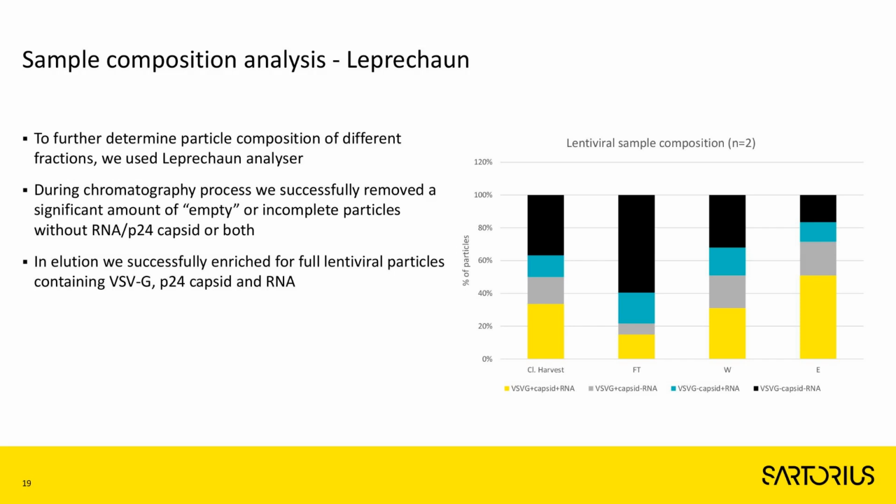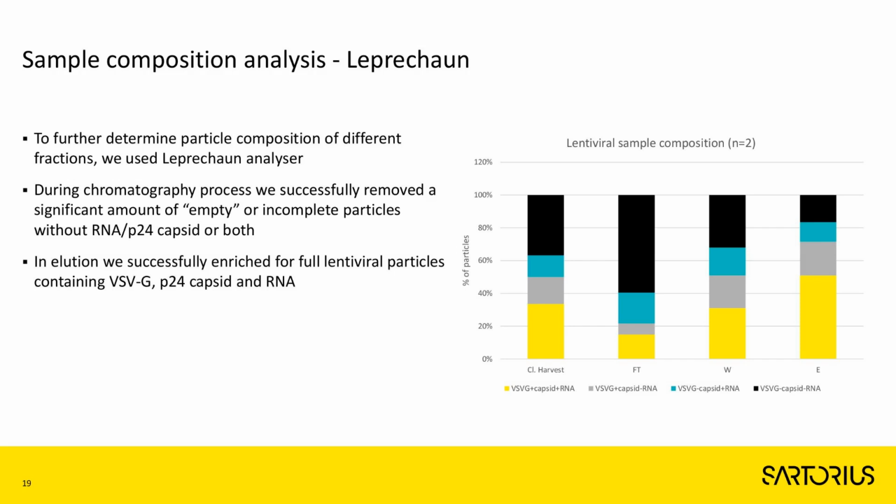And the rest are particles that are either missing the RNA or the capsid or both. So if we look at the composition of clarified harvest, we can observe that initially about 1/3 of the particles are complete lentiviral particles, and the rest are incomplete or empty.